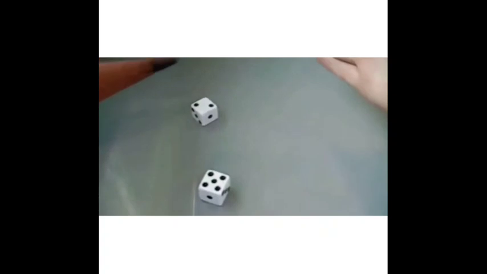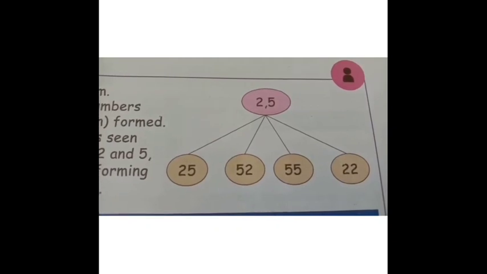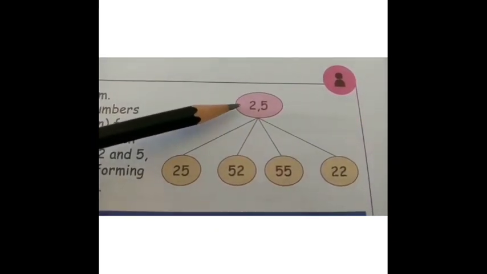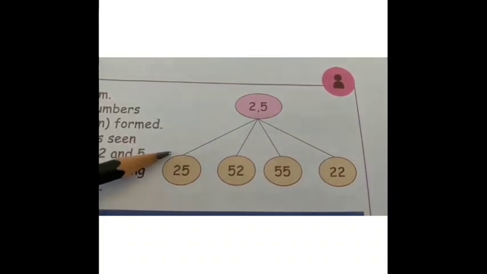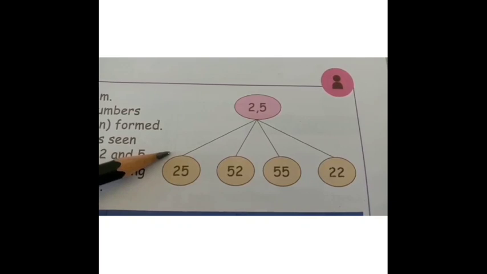For example, if the numbers seen on the face of a dice are 2 and 5, then the different ways of forming 2-digit numbers are shown here. In one face, it is 2. In another face, it is 5. Now we have to write the 2-digit number with and without repetition.